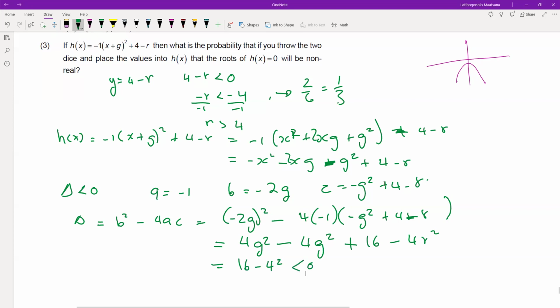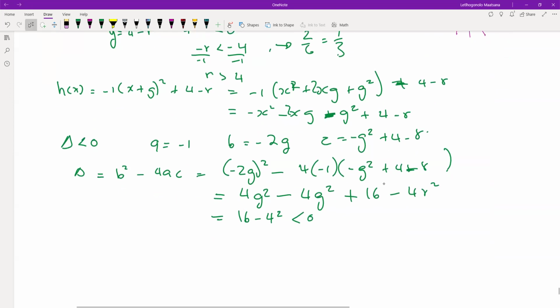So let's see. You have minus 4r less than negative 16. Divide both sides by negative 4. And then we'll have r must be greater than 4.